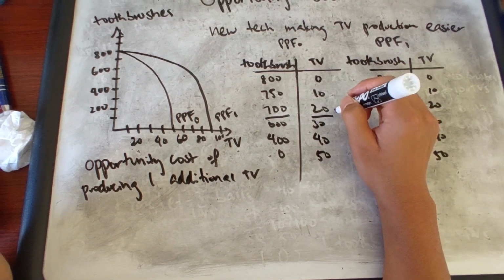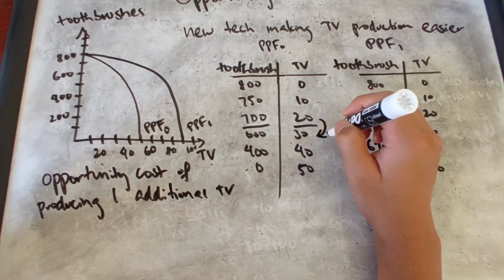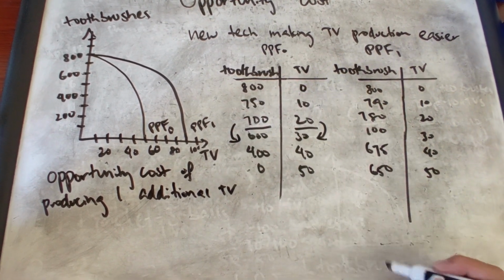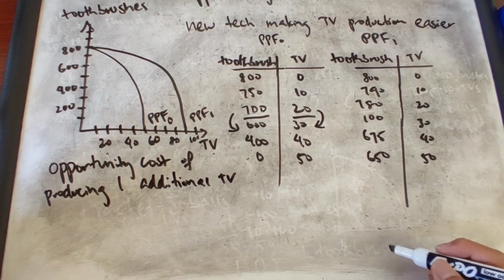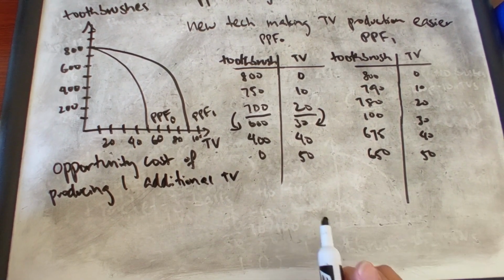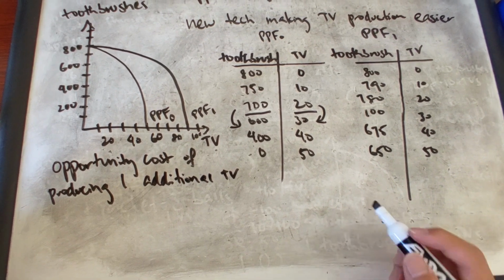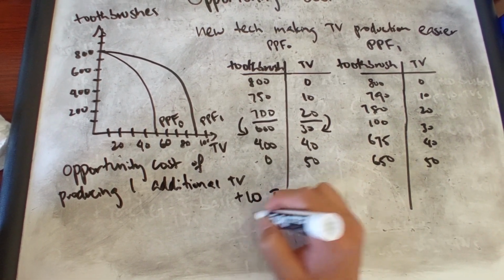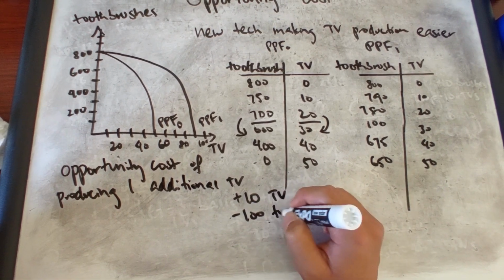How we do that is we up the production of TV from 20 to 30, and that will result in a decrease of toothbrush production, and then we simplify it so that we find the value of one TV in relationship to the amount of toothbrushes. So what we have here is 10 additional TVs minus 100 toothbrushes.